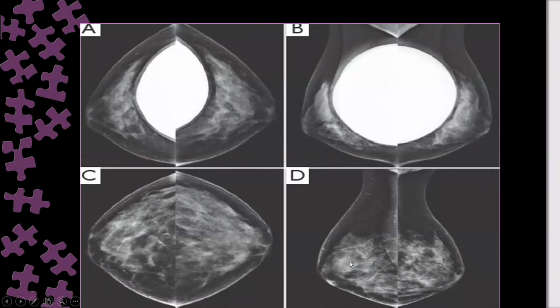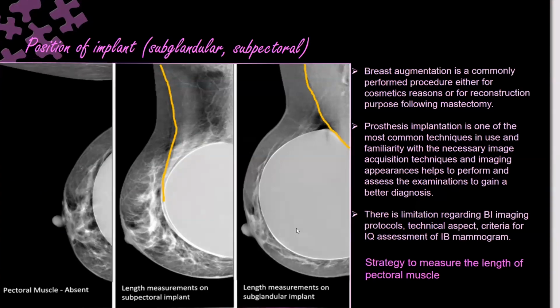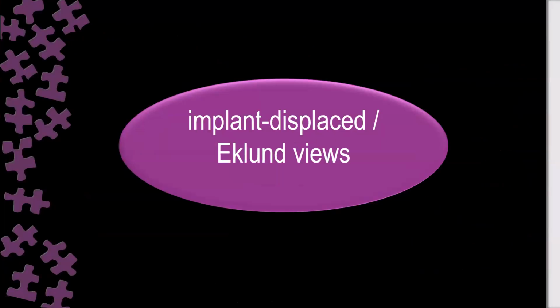It is well shown here because the implant is retropectoral, or subpectoral. But this one is subglandular. The pectoral is coming posterior to the implant. So implant displaced or Eklund views are done.